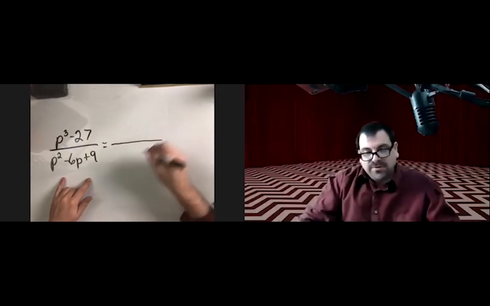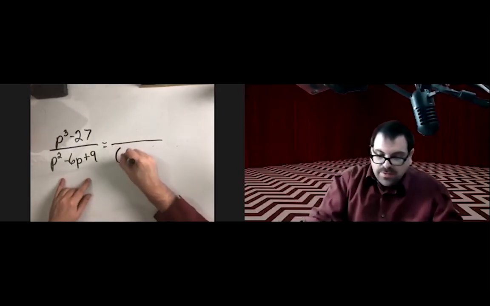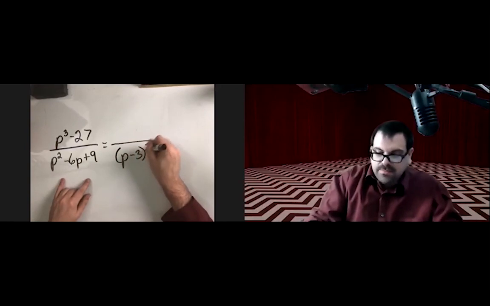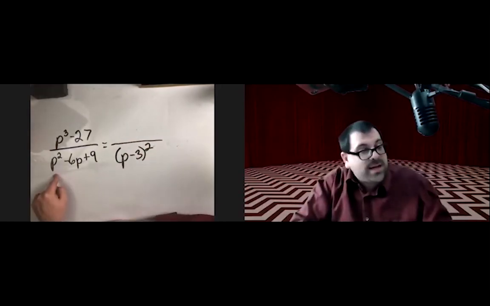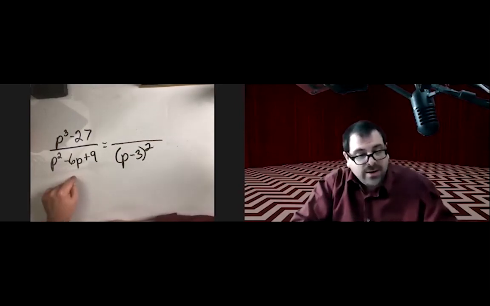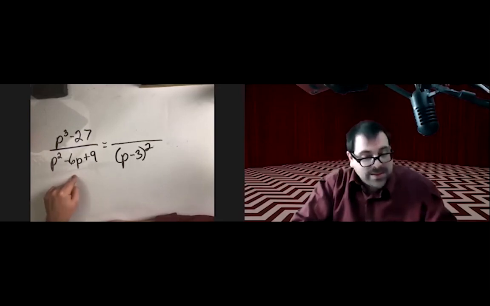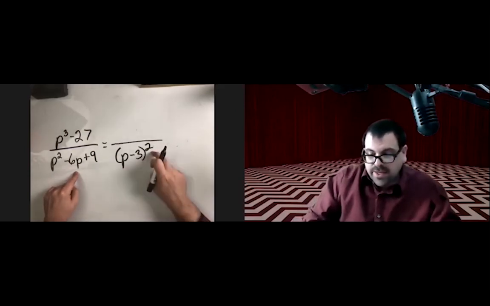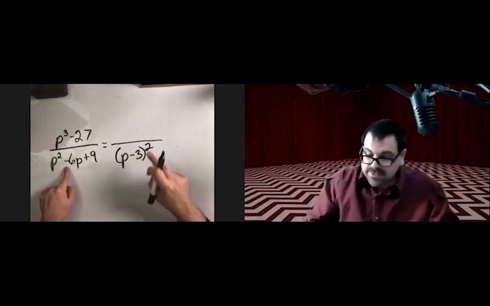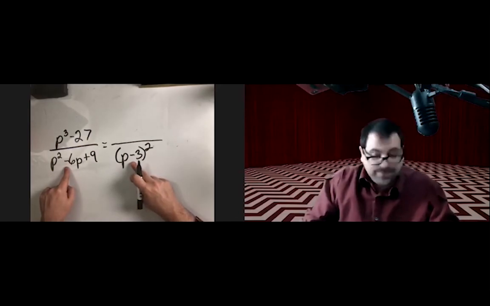The bottom is a perfect square trinomial. This is p minus 3 squared, actually. This is what we get when we square p. This is what we get when we square 3. This is what we get when we multiply them together and double. 3p times 2 is 6p. That's what makes it a perfect square trinomial. That's why we can make it p and 3 squared, and the minus is why it's a minus here.